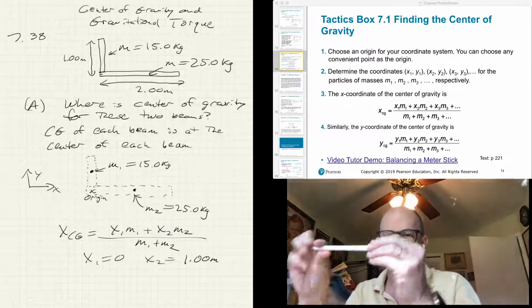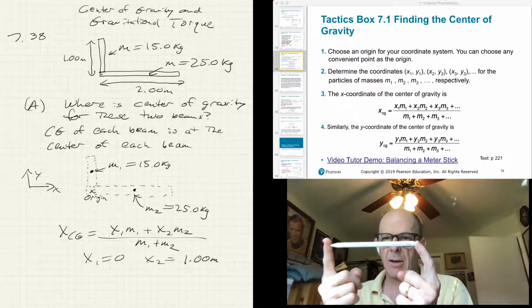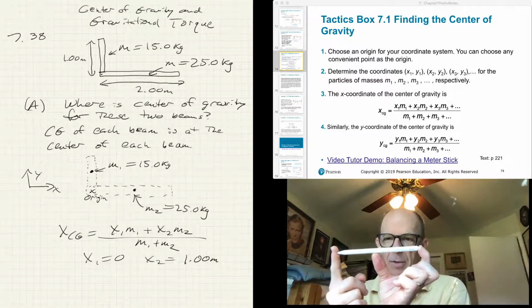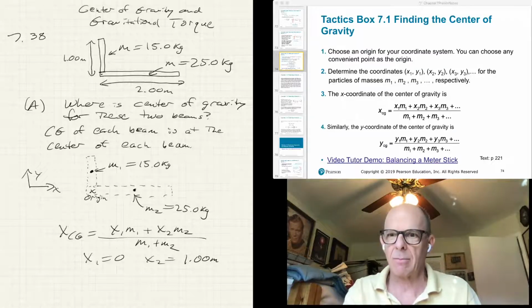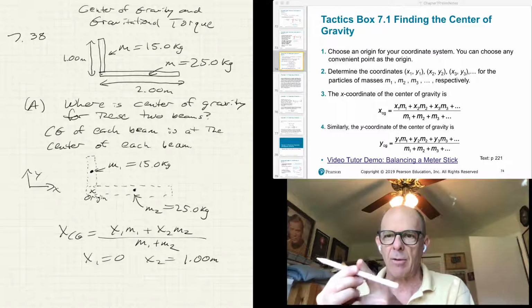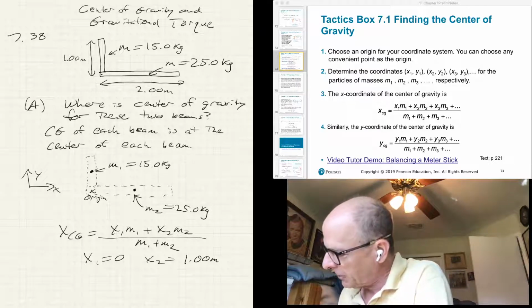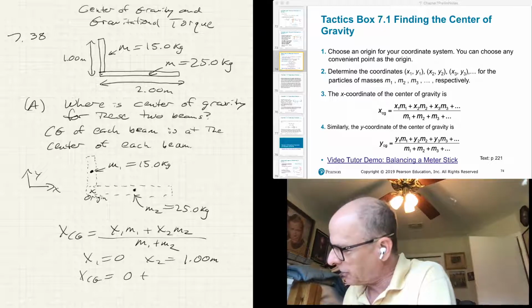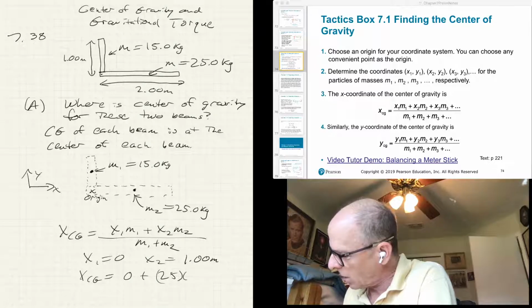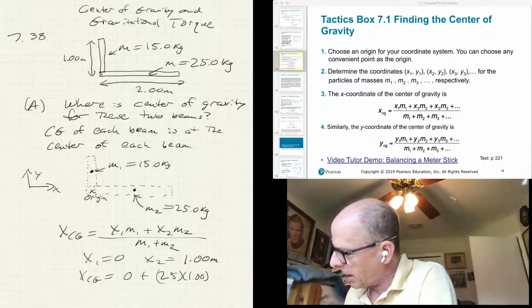It's at the midpoint, right? That horizontal bar is like this pin. If it's 2 meters long, the midpoint is 1 meter away from the origin, and so that's the position of x2. So that gives me x_cg equals 0 plus 25 times 1, divided by 25 plus 15, which is 40.